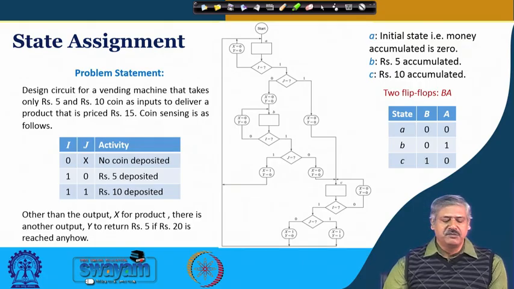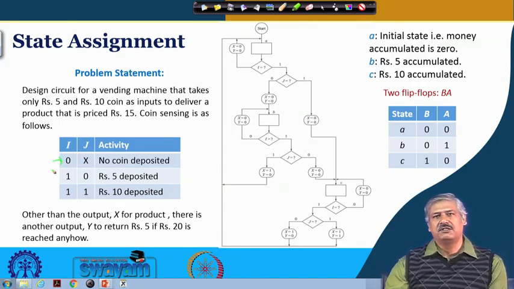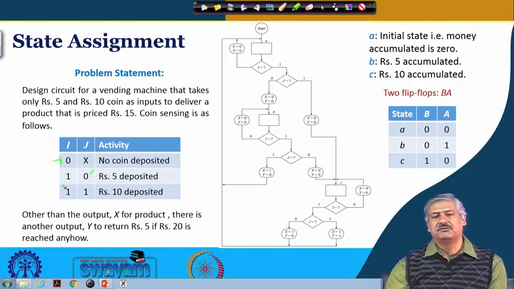There is a coin sensing mechanism where if the sensor I is 0, that means no coin is deposited. Whenever a coin is deposited, it becomes 1, and there is another sensor J: if it is 0 when a coin is deposited, rupees 5 has been deposited. If it is 1, rupees 10 has been deposited.